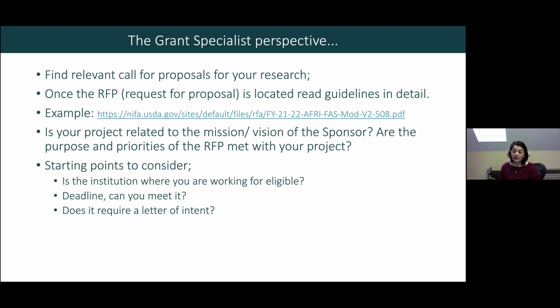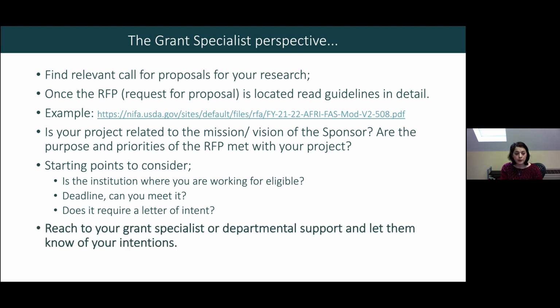Some of these opportunities require a letter of intent, or what they call a white paper, or just a short idea, just to let them know you're intending to apply to that opportunity. So once you find that opportunity and say, I'm going to place a proposal for this call, reach out to your grant specialist.